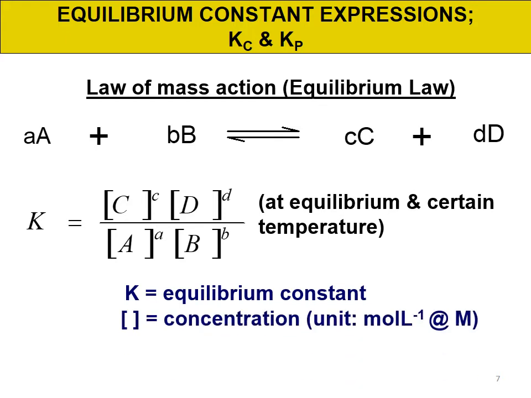The K is referred to as the equilibrium constant and the square brackets refer to concentration in the unit of moles per liter, or M.